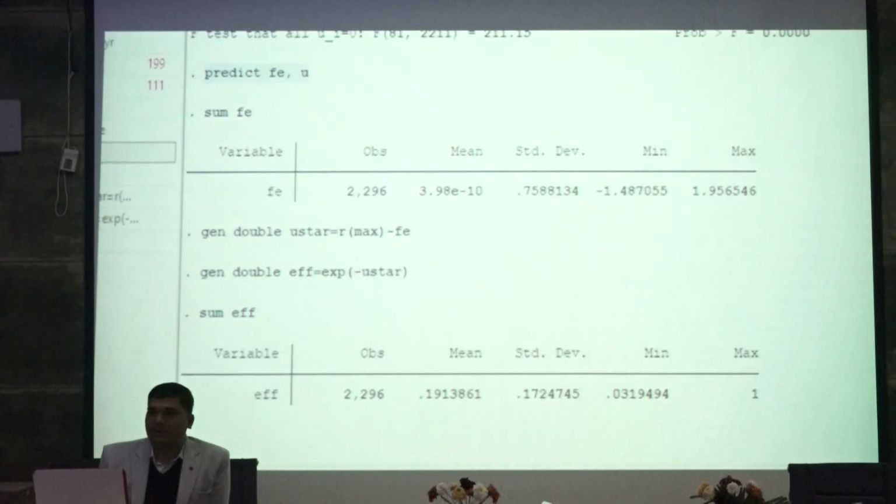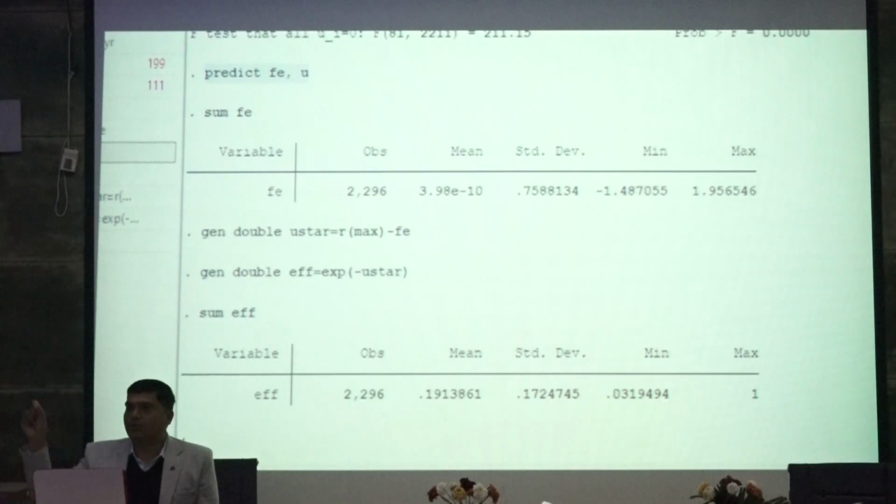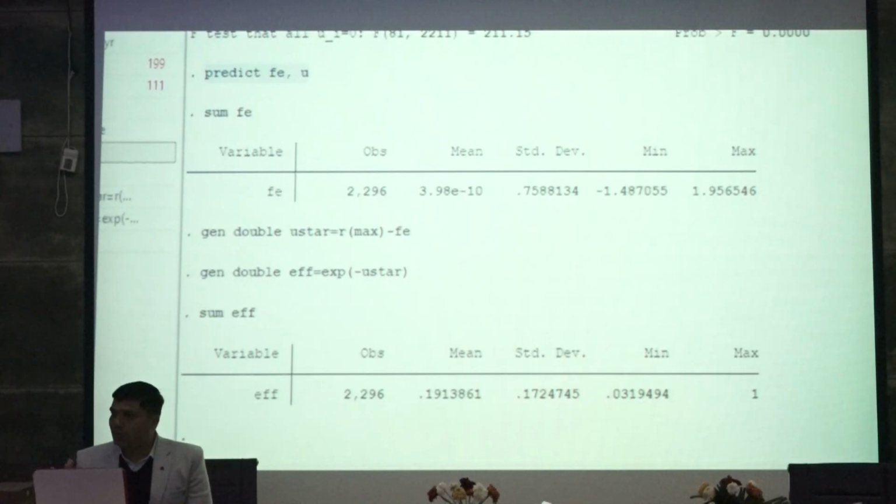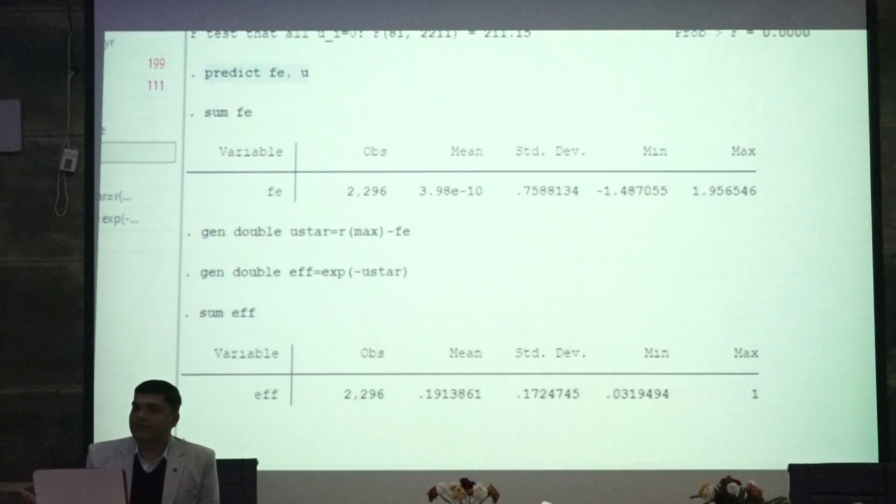The double command is used to find the more accurate value. In the normal case we have around 8 decimal values, but if you use the double command, then you get a more accurate value. Or if you have 0.00000 and the last digit is 1, after using this command, this will give the values up to 16 decimal places. So this double command is used for more accuracy of the values.